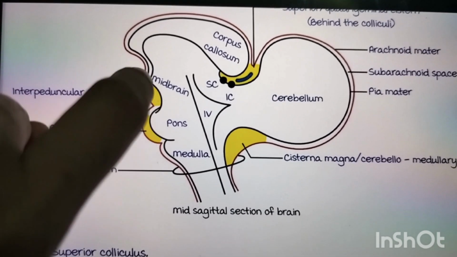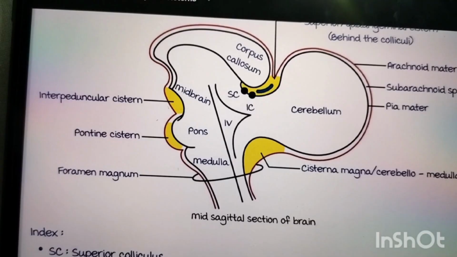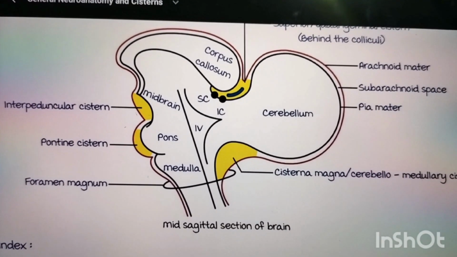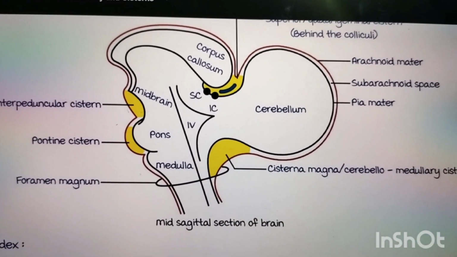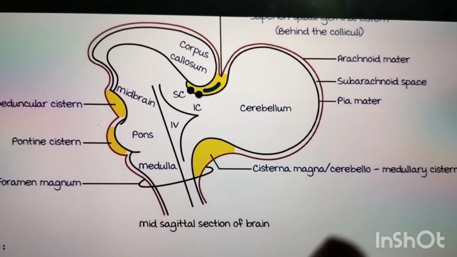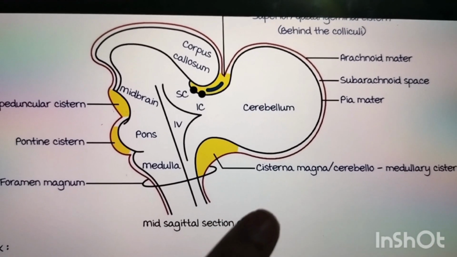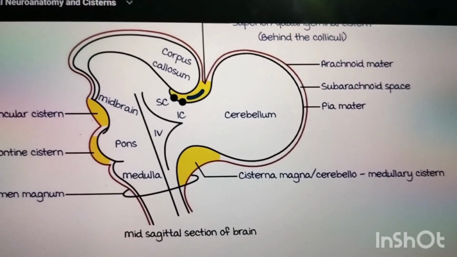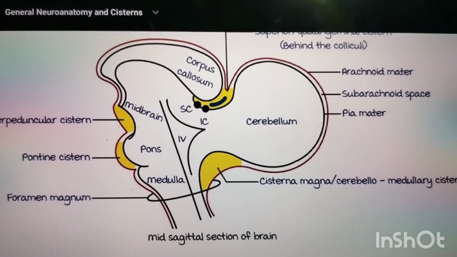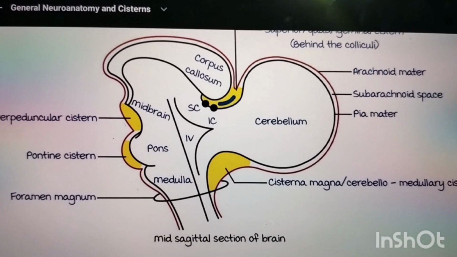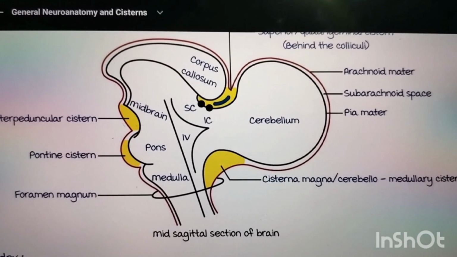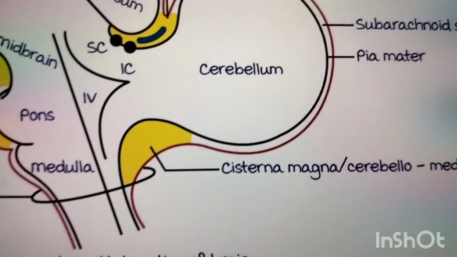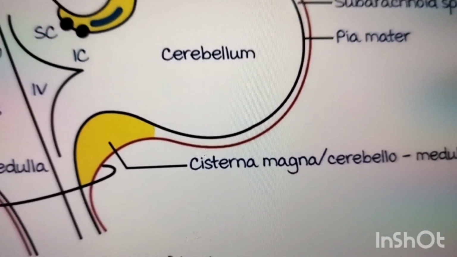The contents of the cisterna magna are the vertebral artery and one branch of the vertebral artery which supplies the cerebellum, the PICA, the posterior inferior cerebellar artery. These two arteries are the contents of the cisterna magna: the vertebral artery and PICA.